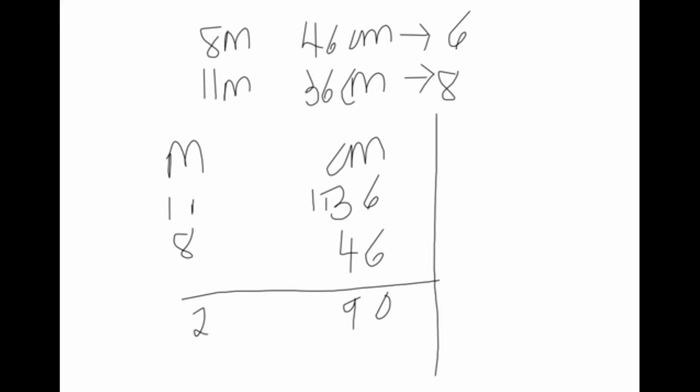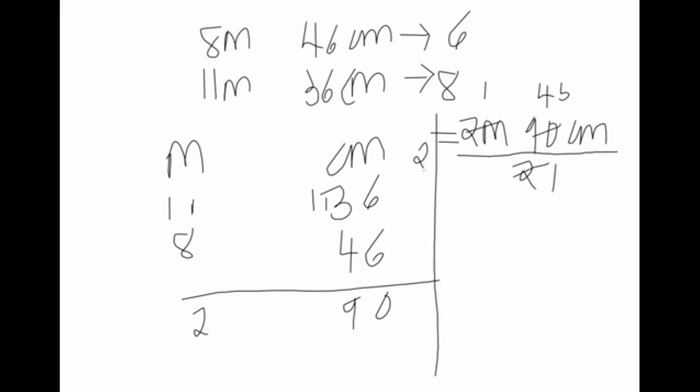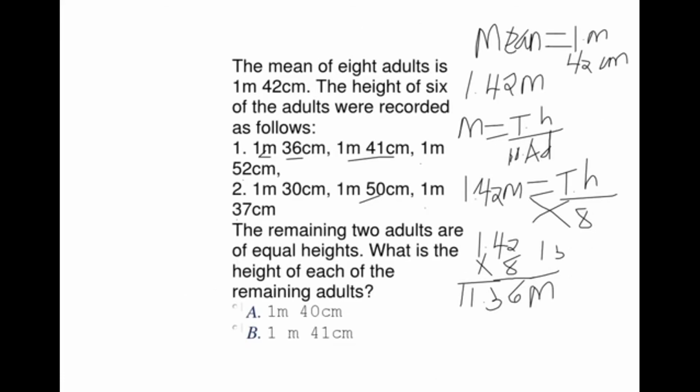So we have 2 meters, 90 centimeters, and we are told this is for 2 individuals and they have equal height. So we are going to divide this by 2. So 2 divided by 2 is 1, 90 divided by 2 is 45. So we have 1 meter, 45 centimeters for each individual.